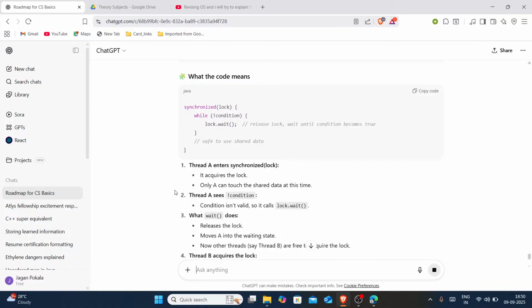Enter synchronized lock. Only I can touch the shared data at this time. Is the condition valid? No, condition invalid, so it calls wait.